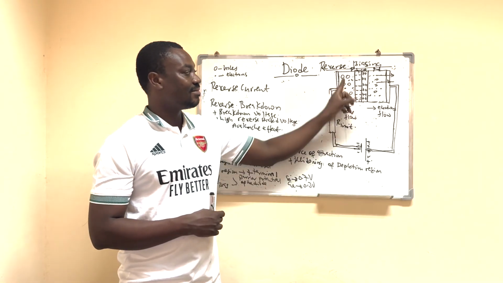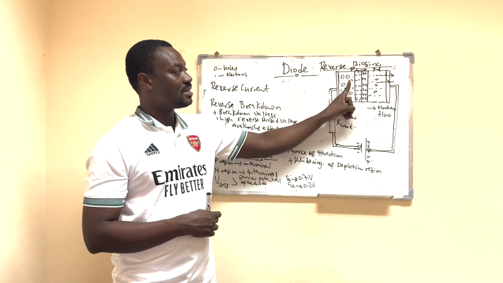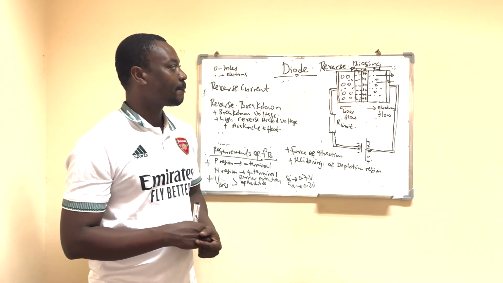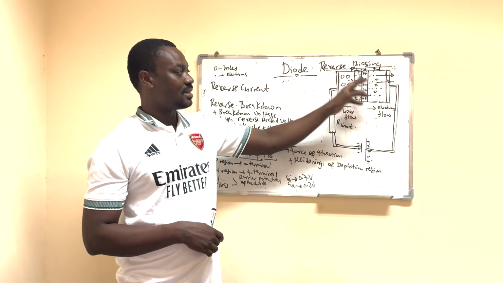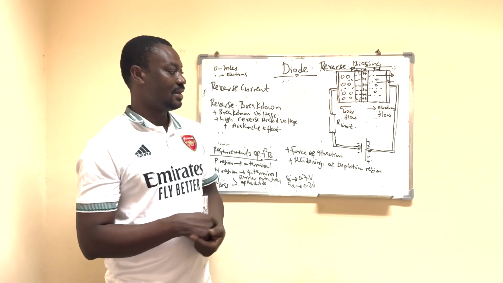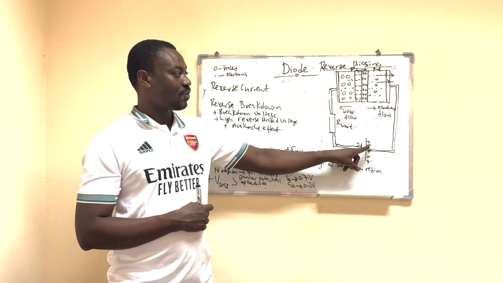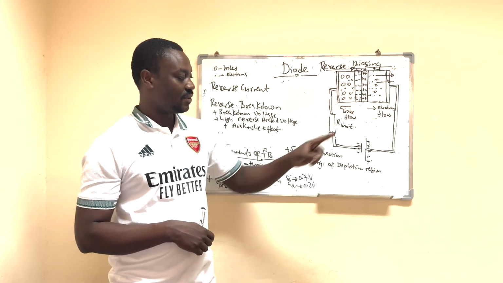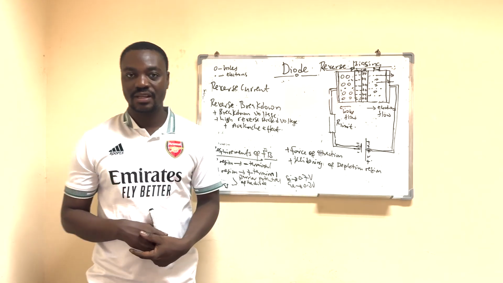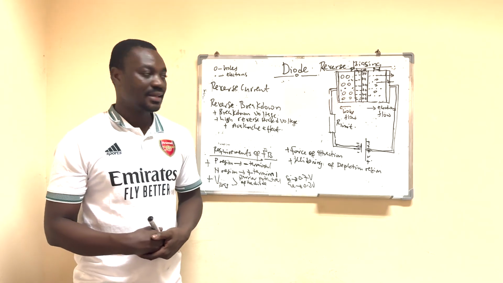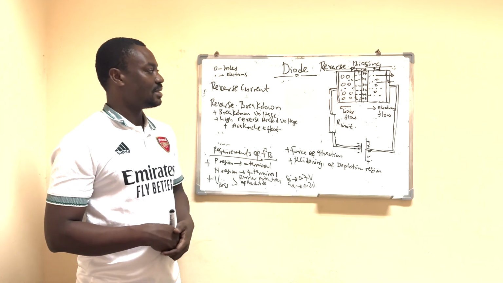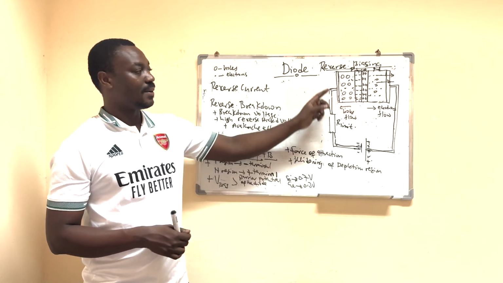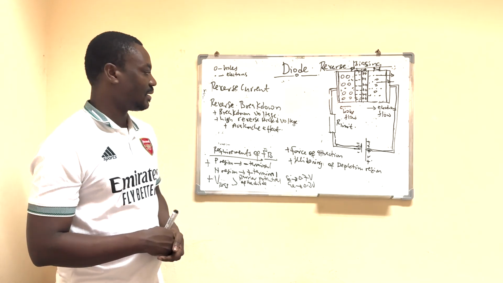So the minority electrons in the P region force their way across the depletion region, that is the p-n junction, into the N region, then to the positive terminal over here. So we have an extremely small amount of current created as a result of the movement of the minority charge carriers.